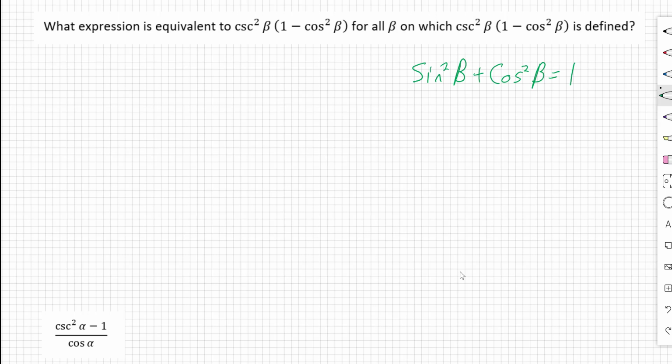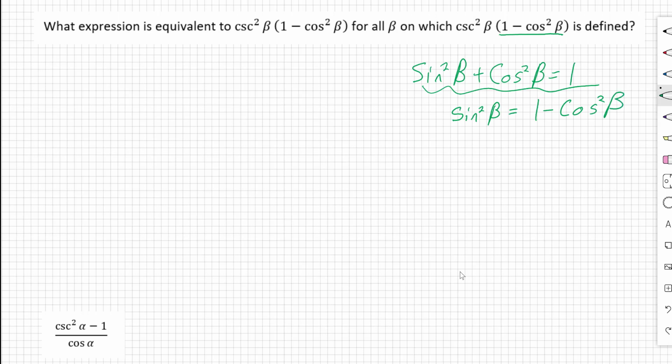Now I'm noticing here I've got a 1 and a cosine squared beta. If I'm living life right, I might be able to turn this equation into one side being 1 minus cosine squared beta, and that will give me a chance to rewrite this as something a little nicer. And we are, because sine squared beta is equal to 1 minus cosine squared beta.